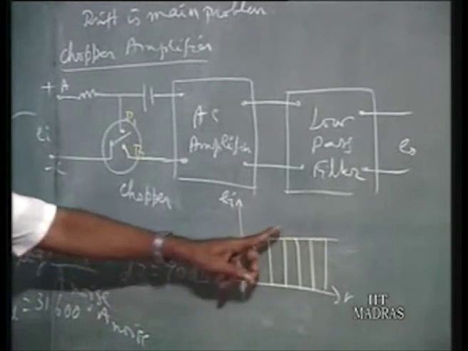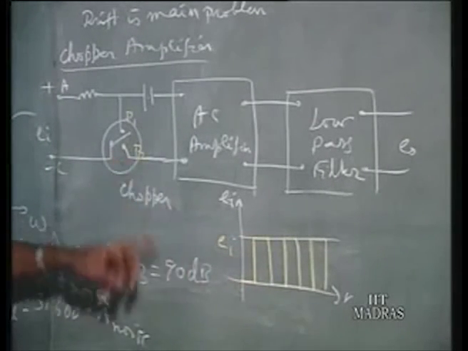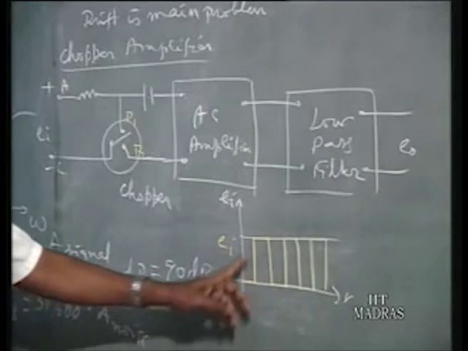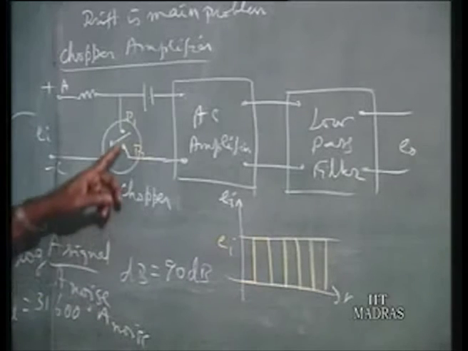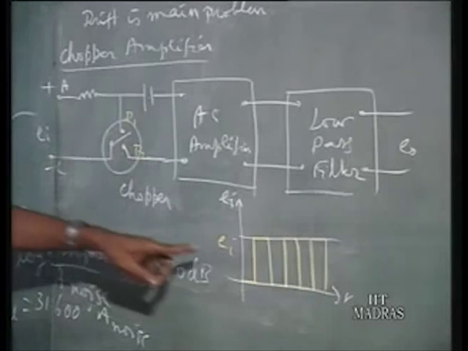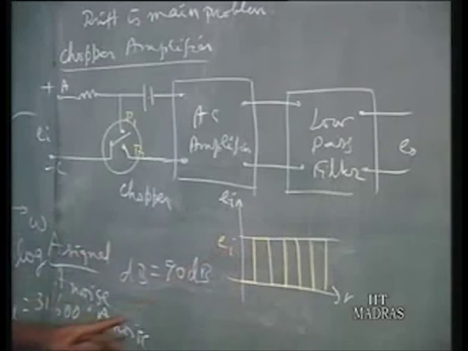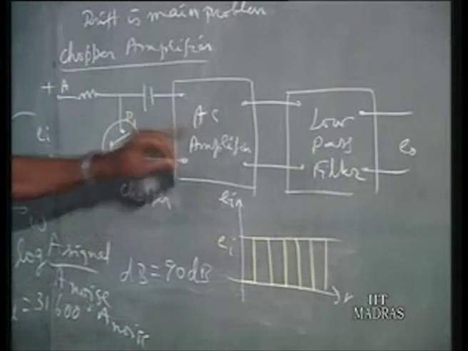So the DC voltage is converted into an AC voltage, of course a square or rectangular wave. It is varying in nature depending upon frequency. The frequency of the input signal to the AC amplifier is varied. Naturally this frequency will be higher than the cutoff frequency of the amplifier.